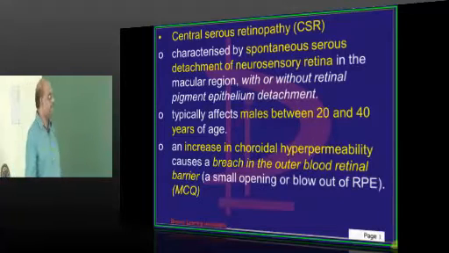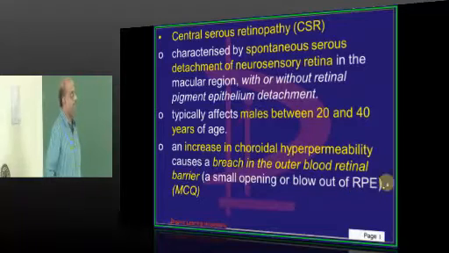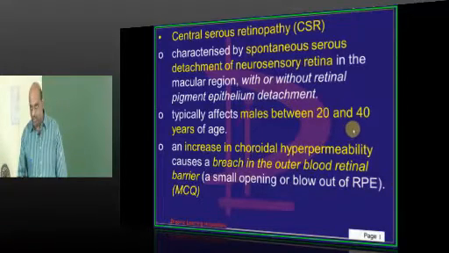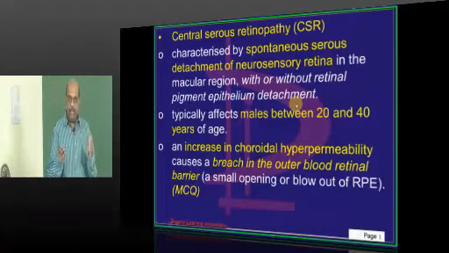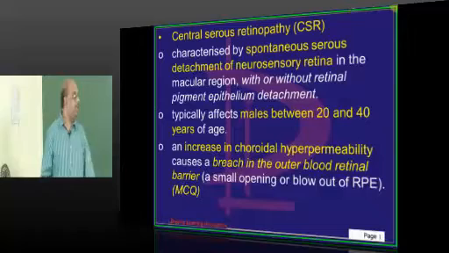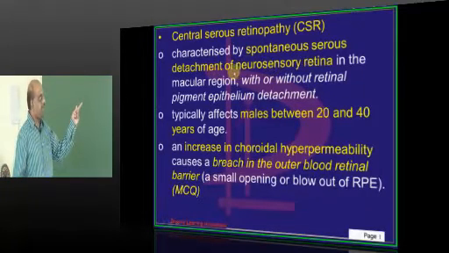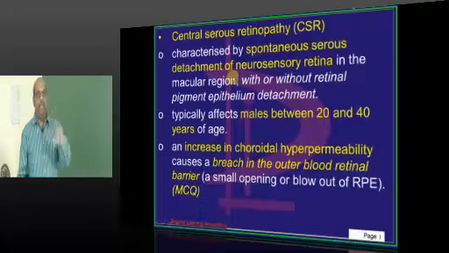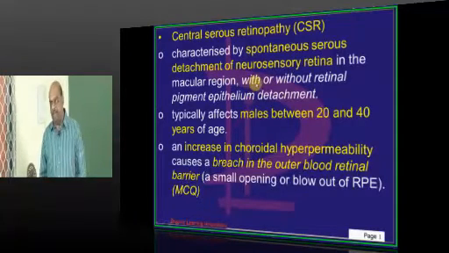Tirupati, Vizag, etc. Central serous retinopathy is a very important topic. What is this? In the retina, there are 10 layers. In that, the neurosensory retina spontaneously gets detached, especially in the macular area, the central part of the retina.